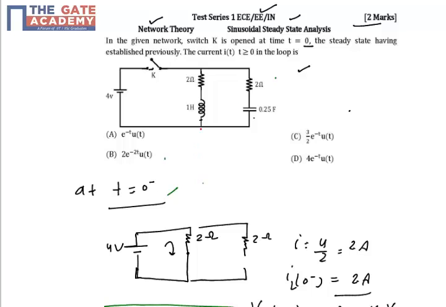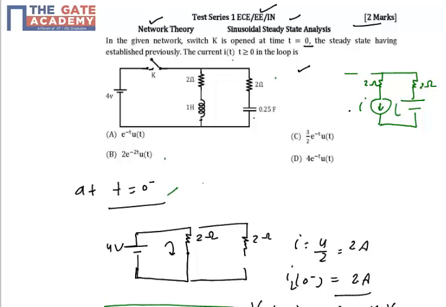Now question says that find out the expression of i_t at t greater than 0, right? So at t greater than 0, your switch is open and you will have a circuit like this: inductor, then another resistor, and my capacitor, which will be behaving as a battery.